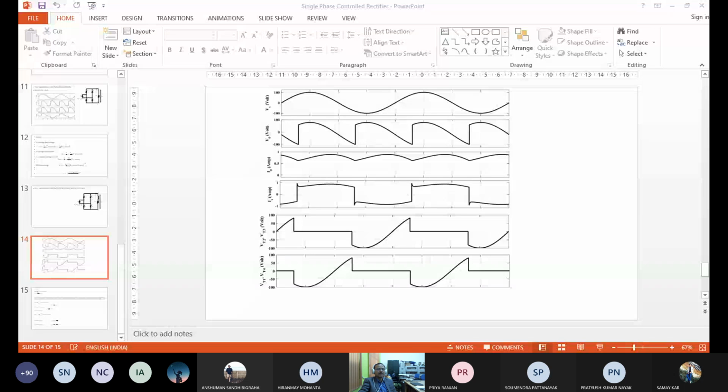But what happens, sir, is the peak inverse voltage. This is known as peak inverse voltage. Here it is the source voltage, Vm. But in case of center tap, the peak inverse voltage is 2 Vm. So the stress on the switches is very high.